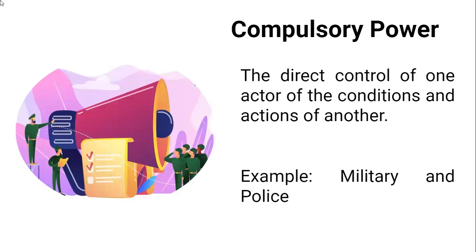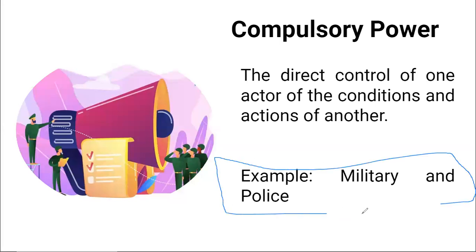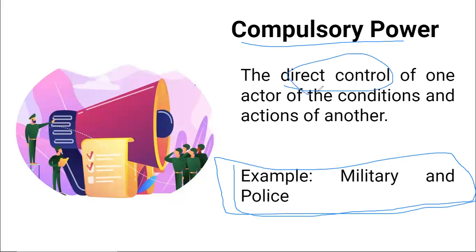For example, military, police power. Okay? One example of this is during the Ferdinand Marcos Sr.'s dictatorship, it is a compulsory power wherein there is a single entity who controls directly the imposition of policies, right?